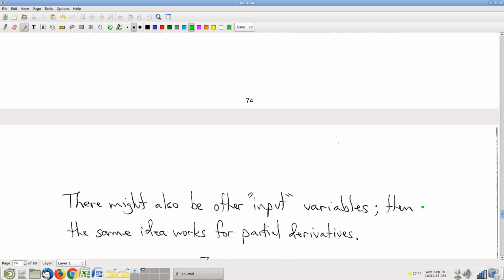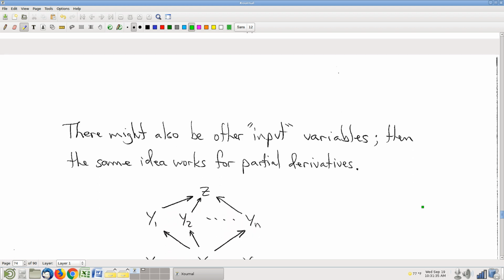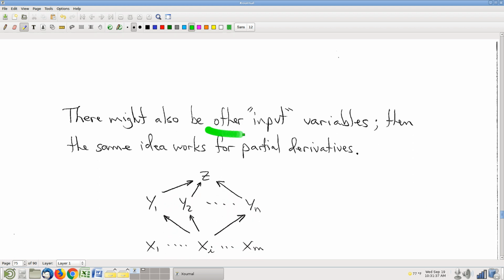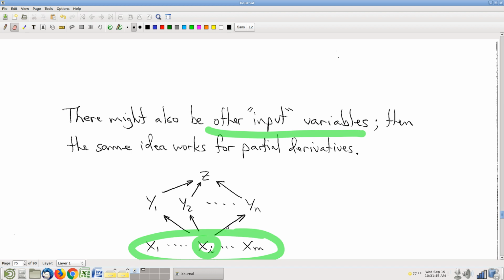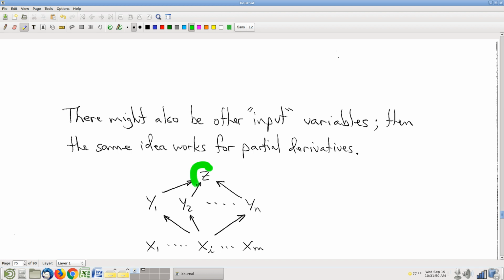Okay, now here's a twist. What if there are other input variables? Not just one input variable, but a bunch of them. Well, now I can no longer really ask what is the derivative of z with respect to that one variable.